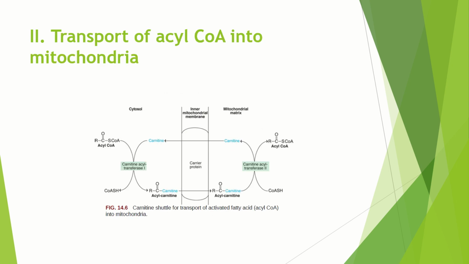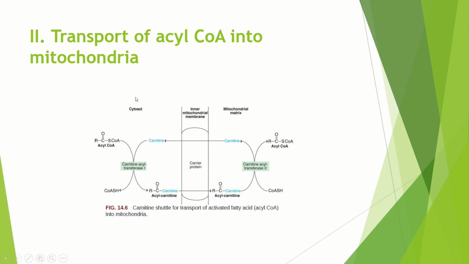And the second step is transport of fatty acyl CoA into the mitochondria. Acyl CoA is nothing but activated fatty acid. It should be transported to the mitochondria if it has to be oxidized. As I told you, the fatty acid gets activated in the cytosol since fatty acid is synthesized in the cytosol.